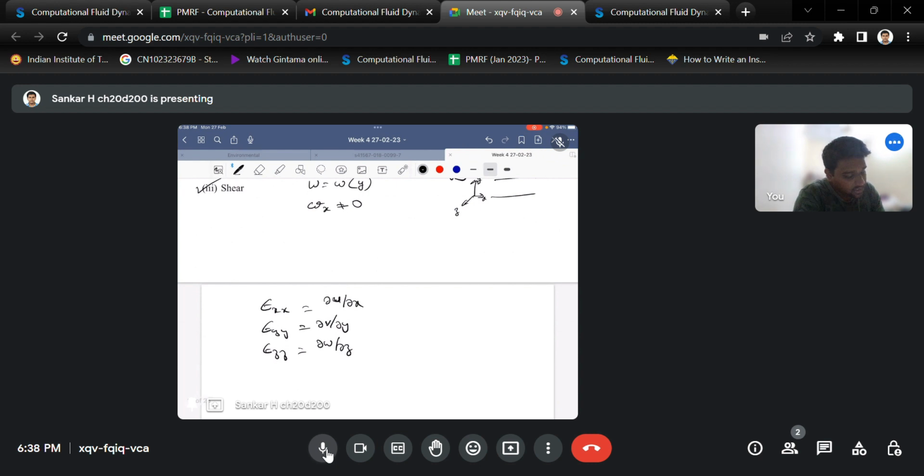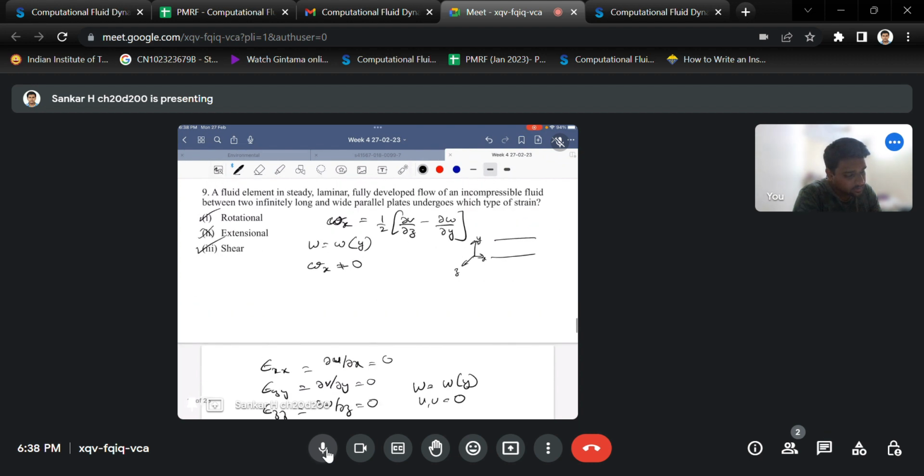And we see that w is a function of y only. Therefore, u and v are equal to 0. So this will be 0, this will be 0, and this will also be 0. Therefore, no extensional strain will exist.